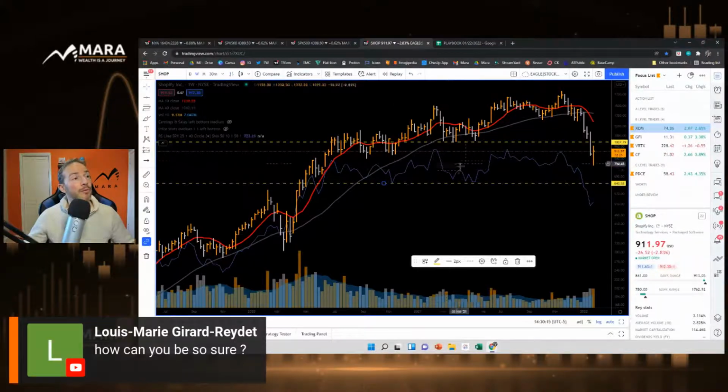It was catching support at this level right over here, and it broke down right here to kick off January. Such a breakdown is a sign that Shopify's price action is leading the market down.